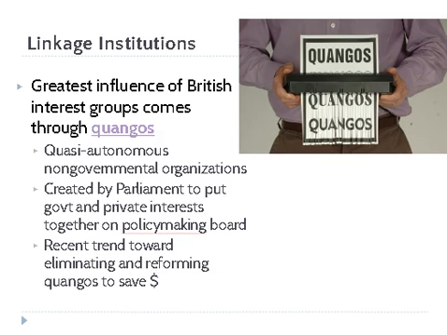So it's an interesting fusion of public and private interests funded through public dollars. You've seen a push since 2010 to eliminate some of these quangos to save money and to reform the size and scope of the influence of these groups. So there's less money wasted in that direction.